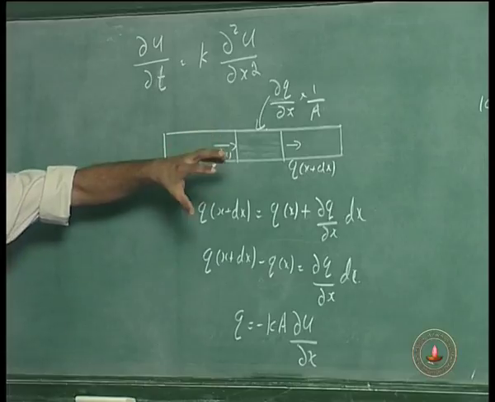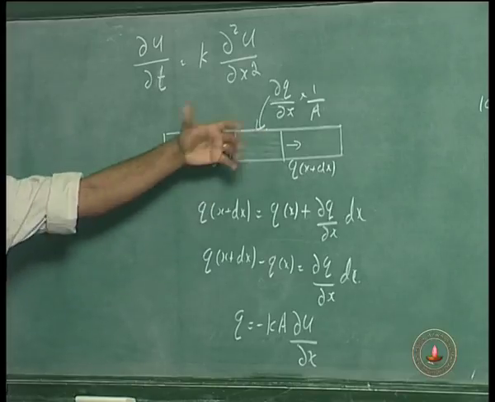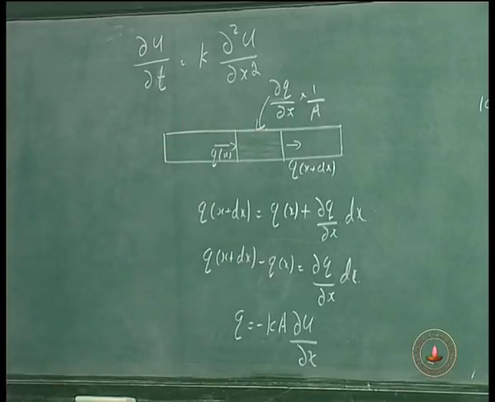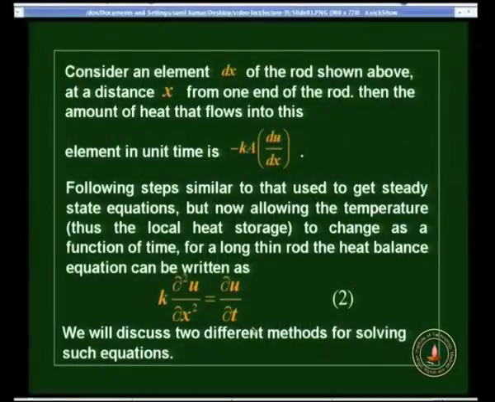Now that heat which is retained causes a change in temperature. So that gives the equation K times del squared U by del x squared equals del U by del t.